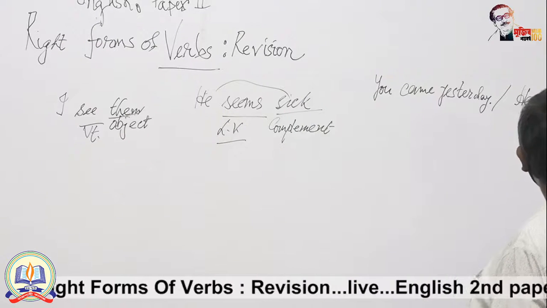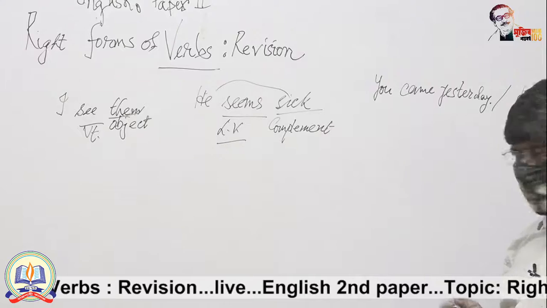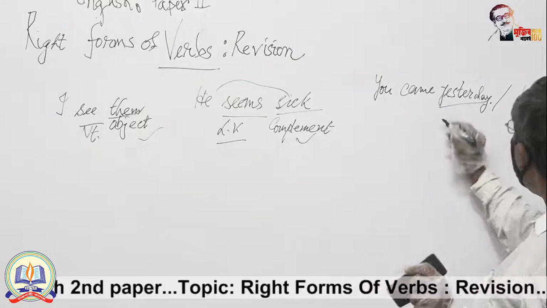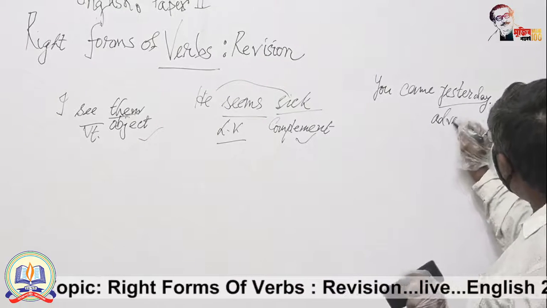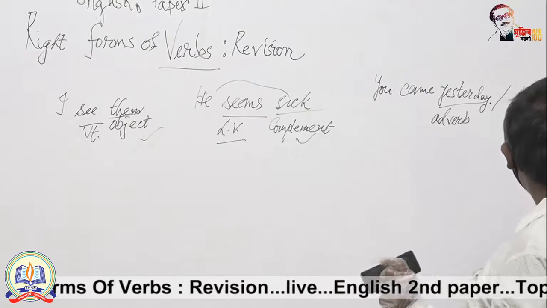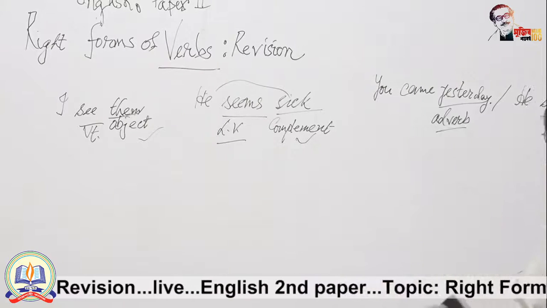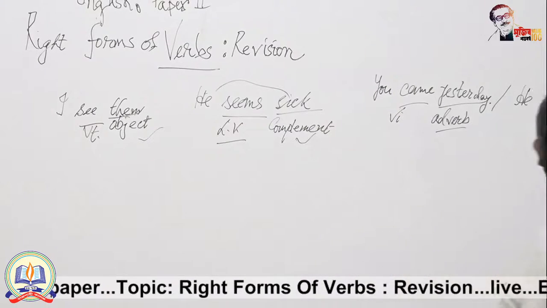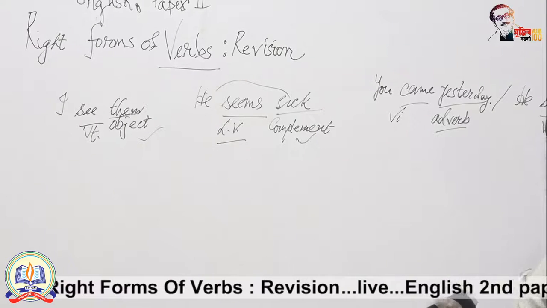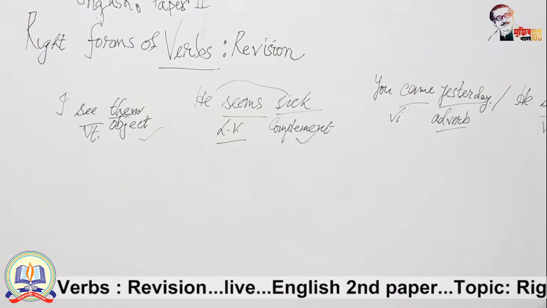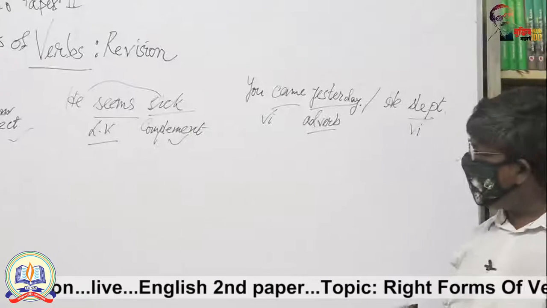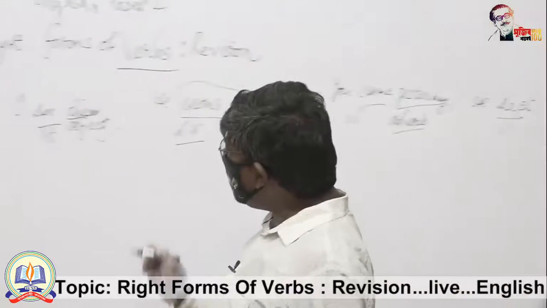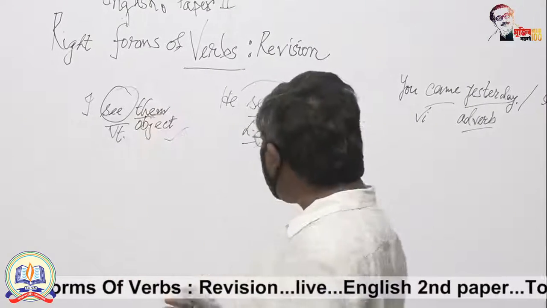We have neither an object or a complement or an adverb after the finite verb in this sentence, he slept. Therefore, this came or this slept are intransitive verbs. Our problem is with a verb like this one, transitive verbs.